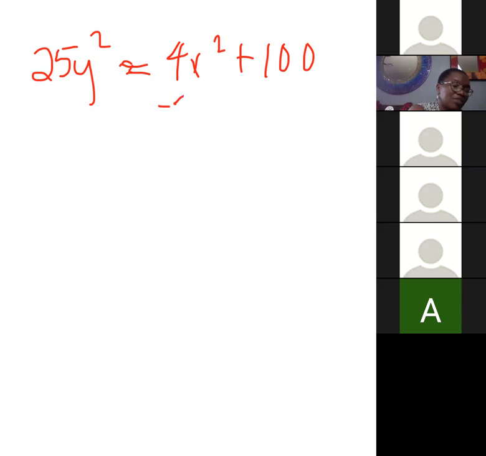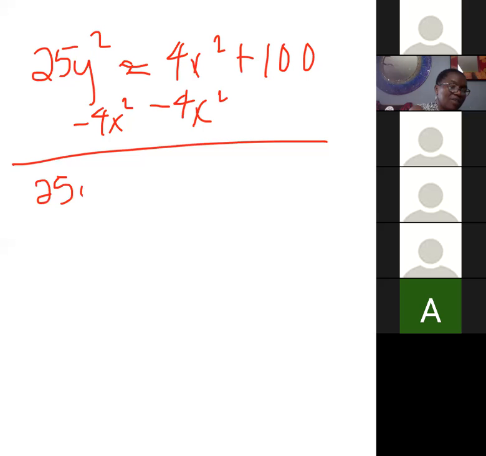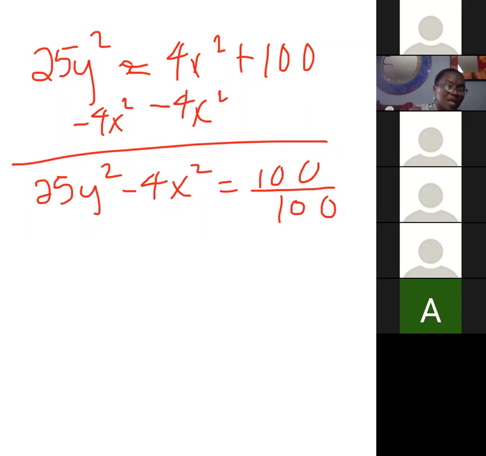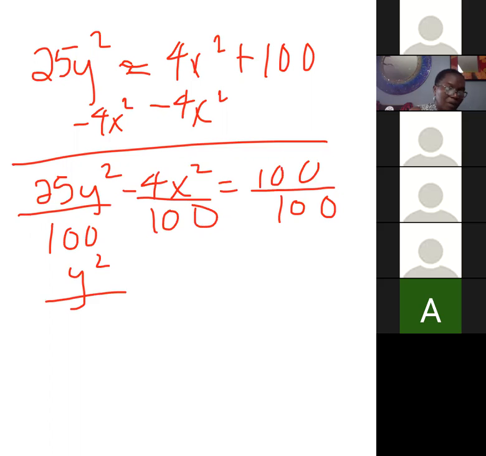The first thing we're going to do is subtract the 4x squared from both sides. So we are left with 25y squared minus 4x squared is equal to 100. To finish writing this in standard form, we divide every single term, both sides, by 100. This simplifies to y squared over 4 minus x squared over 25 is equal to 1.